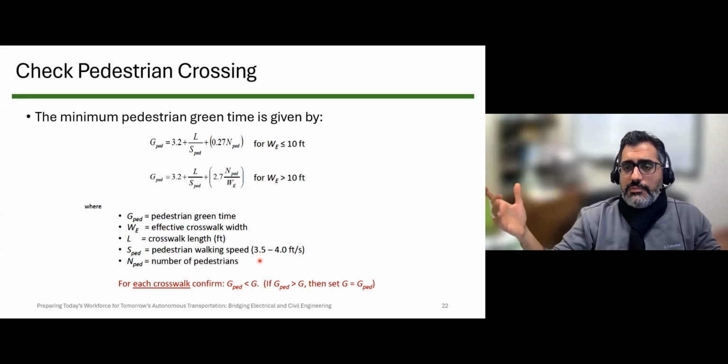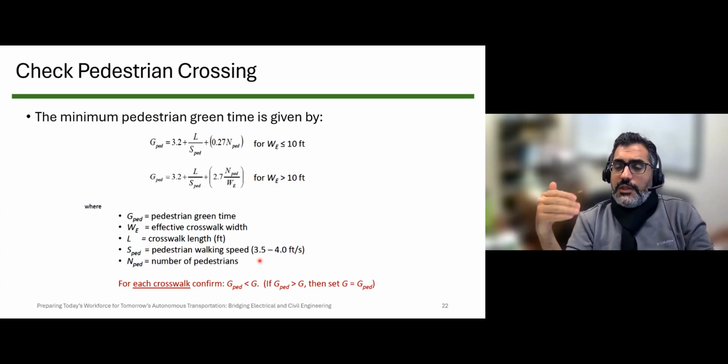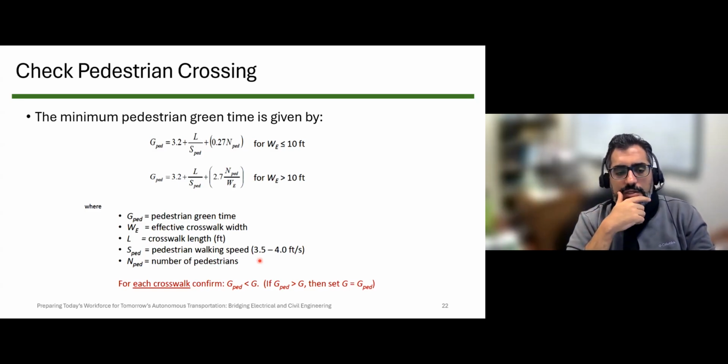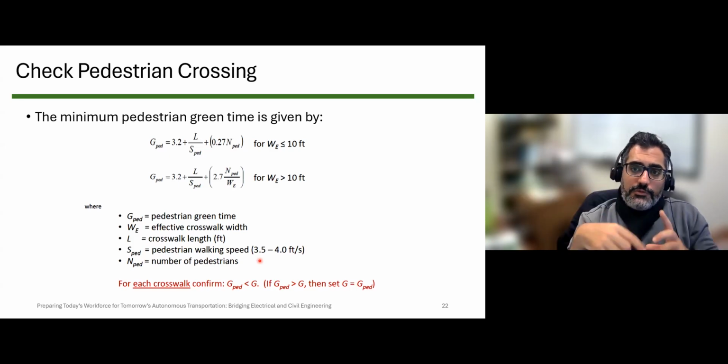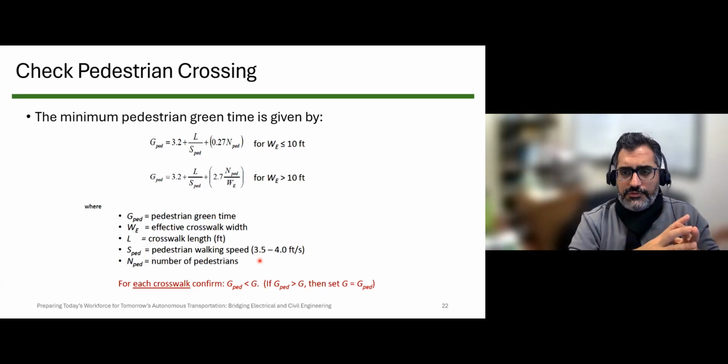We should definitely consider the limitations in walking speed in that condition. And then we will compare this, as is written at the end, and as I mentioned a few minutes ago, with the time that is given to the vehicular movement. If this is less than that time, we're fine. If it is more than the vehicular green, we have to fix the vehicular green such that it will give enough time to pedestrians to cross.